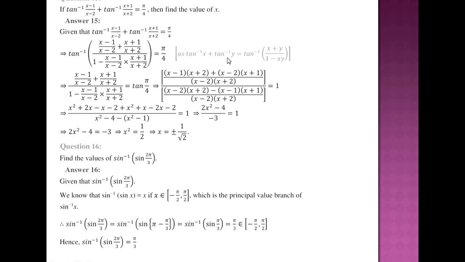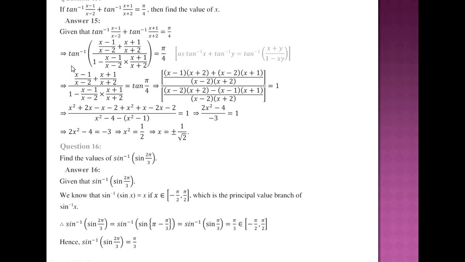So by using this formula, tan inverse of x plus tan inverse of y as tan inverse of x plus y upon 1 minus xy, I have applied the same formula. You treat x minus 1 upon x minus 2 as x and x plus 1 upon x plus 2 as y, and using this formula, tan inverse of x plus y upon 1 minus xy, where x is this complete stuff and y is this complete stuff.